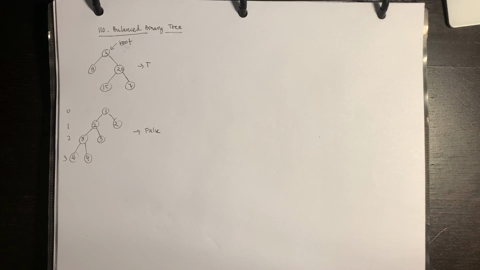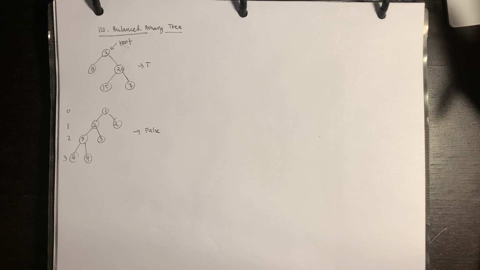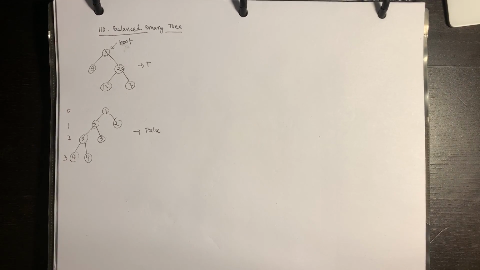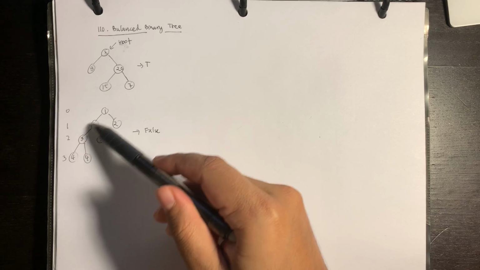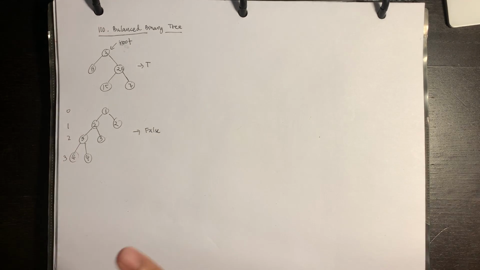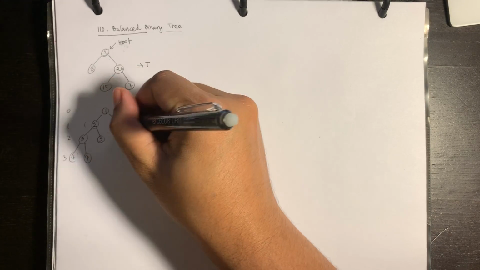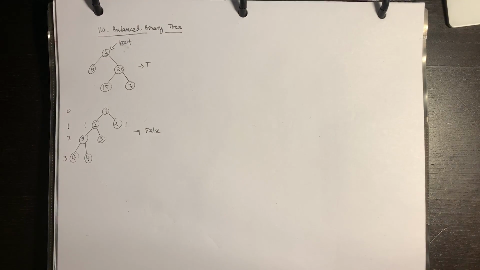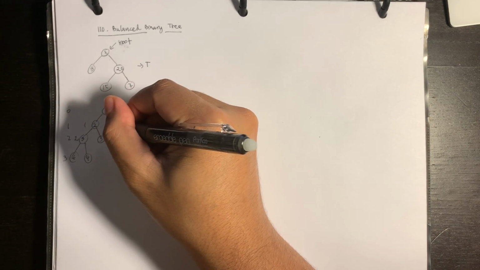So I think in order to solve this problem, we need to find some way of passing a value to the children to let them know what level they are at. So we start at 0 and then we pass 1 and 1. And then we pass another 2, 2.